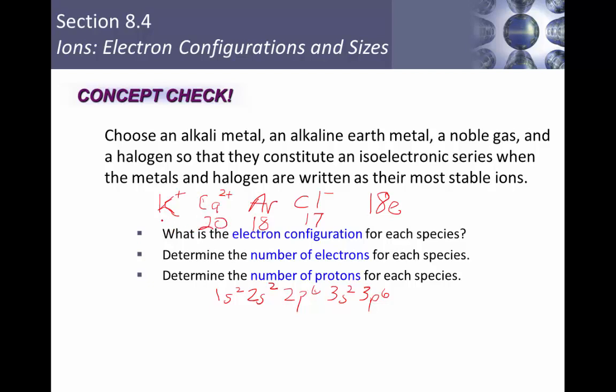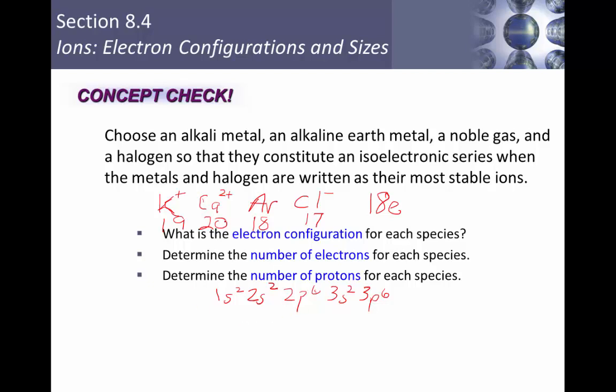And then potassium is 19. Okay, so there's our protons, there's our electrons, there's our electron configuration. In terms of size, which of these ions or neutral atoms would be the smallest?